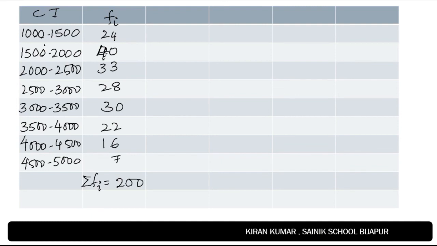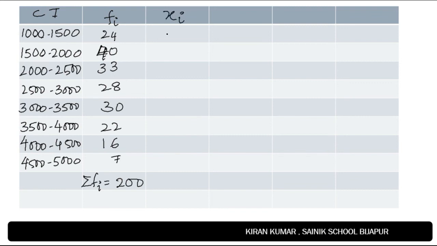If you look at these values, they are very huge. Both the mid values and frequencies are huge. So instead of the assumed mean method, it's better to solve it by the step deviation method.